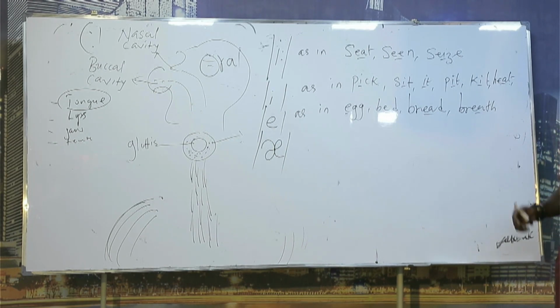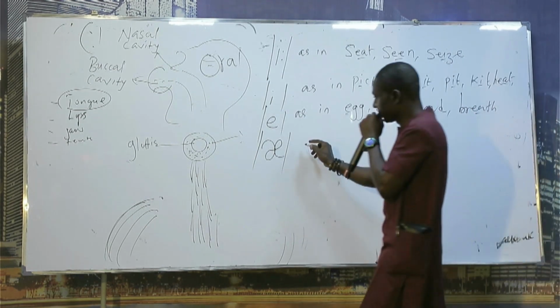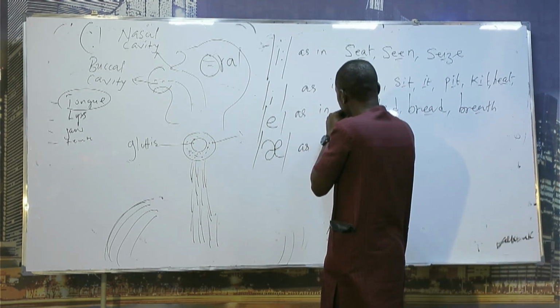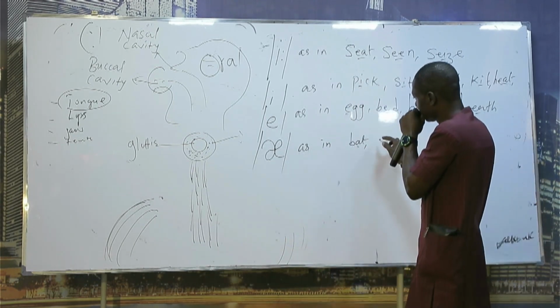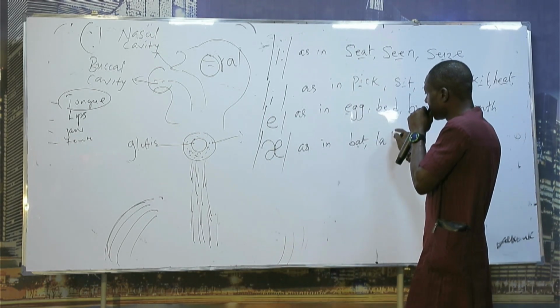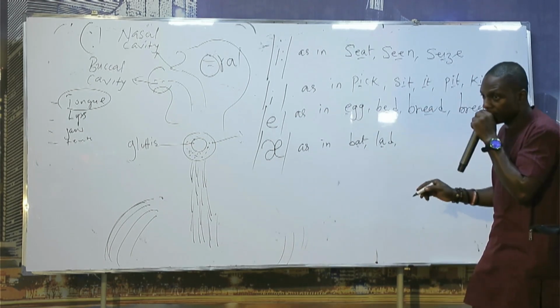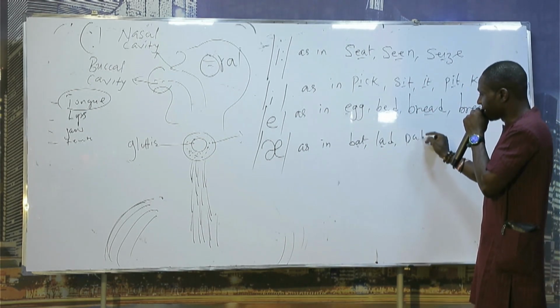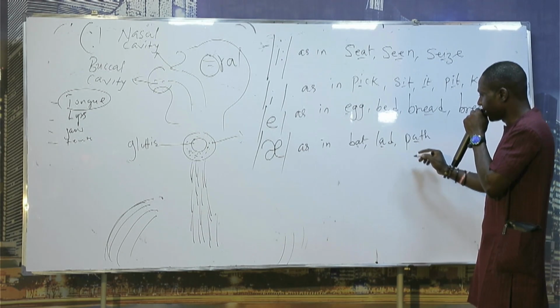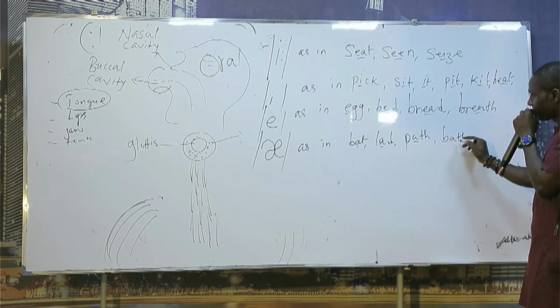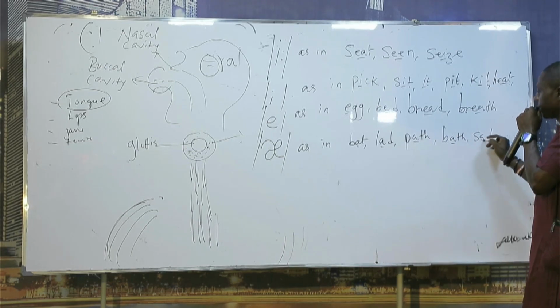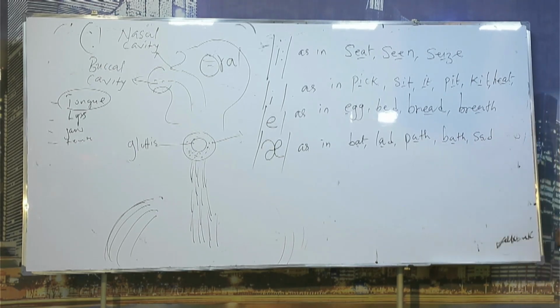Have you seen it? You want to pronounce something like pat, bat, lad, P-A-T-H, path, bath, sad. They are always short, short, short, short.